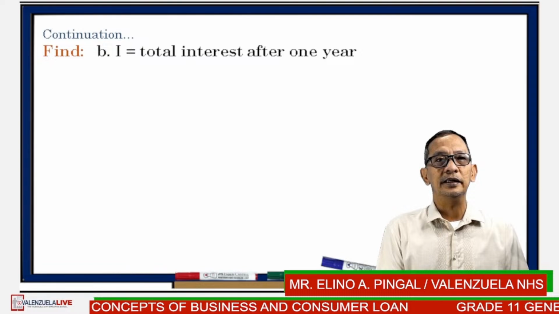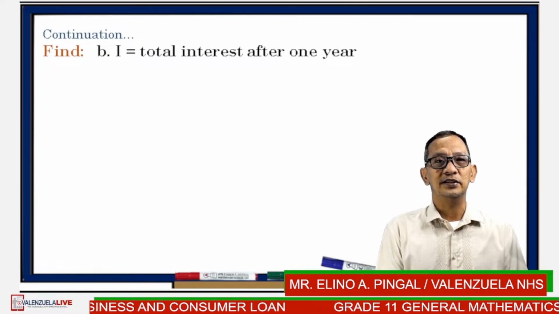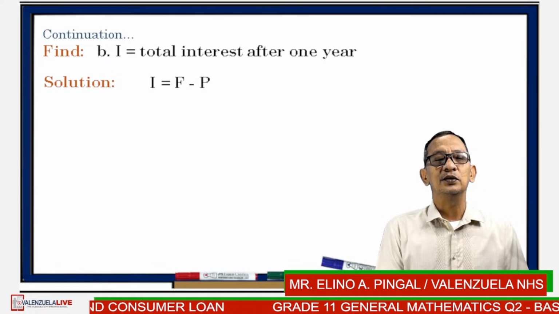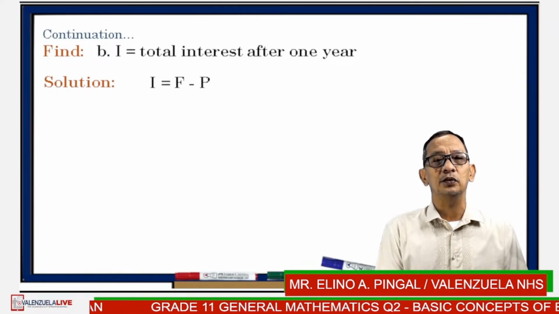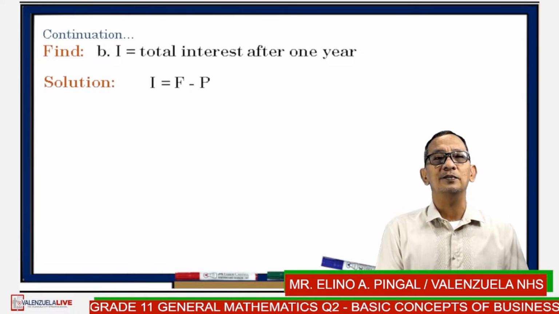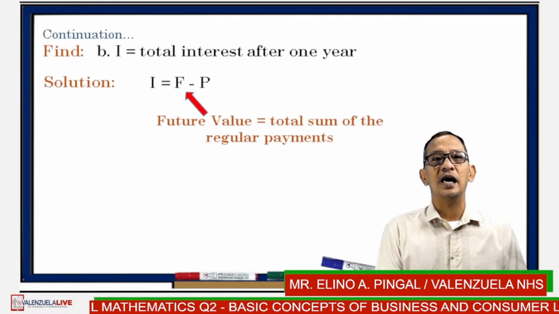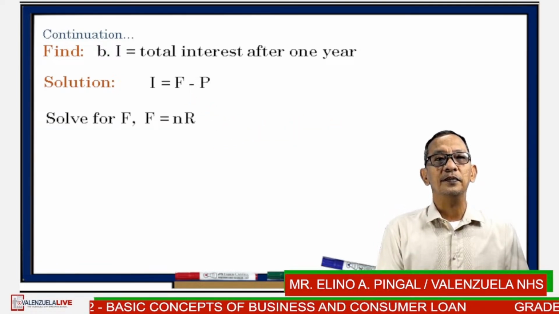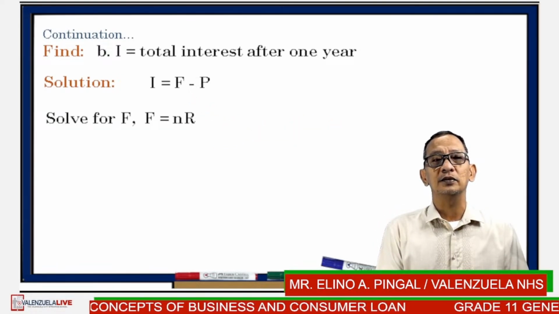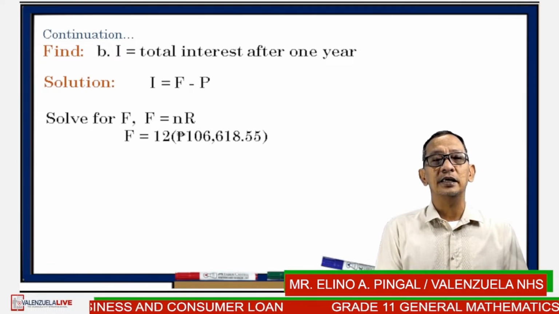Continuing here, let's find the total interest after 1 year. Solution, I is equal to F minus P, or interest is equal to future value minus the present value. F is the future value or the total sum of the regular payments. Solving for F, F is equal to N times R, where N is equal to the number of times it will be paid, and R is the regular payment.